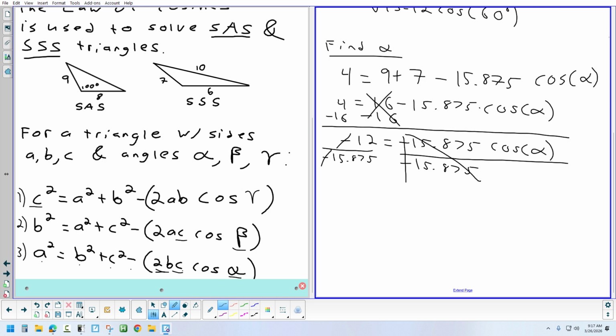Now, we're not going to do 12 divided by 15.875. We're going to leave it the way it is. Why do you think I'm not going to do that out? Because it would be a decimal. Okay, I already have a decimal, and it's an accurate decimal because of the way I did things on the calculator, but I don't want to round this because the more rounding I do, the worse the answer is going to get. So just leave it.